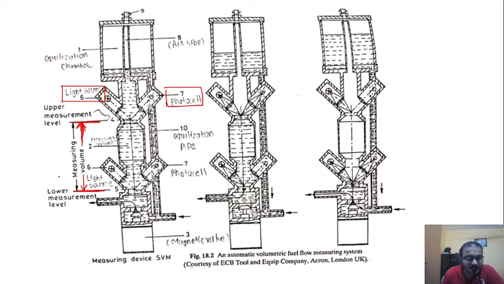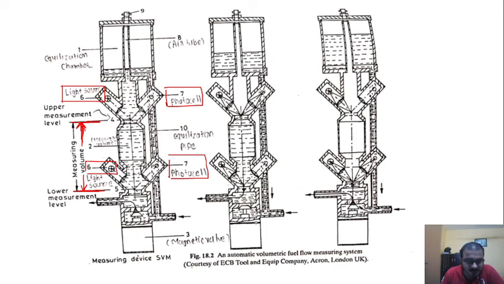Similarly, at the lower measurement level, the sixth number is a light source and there is a photocell over here, like this. So the measuring part is only up to this.